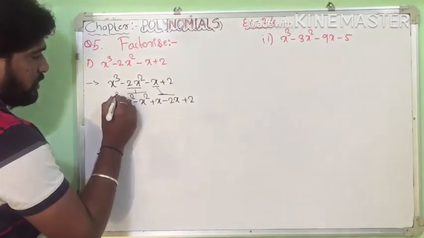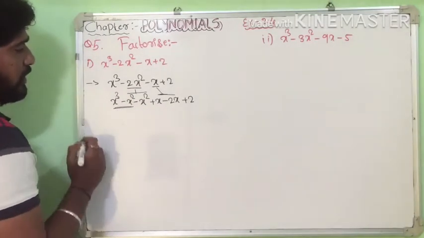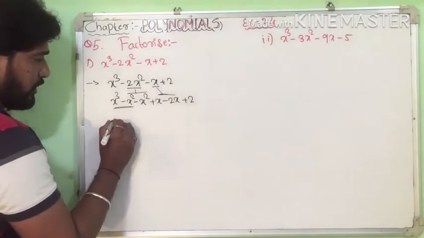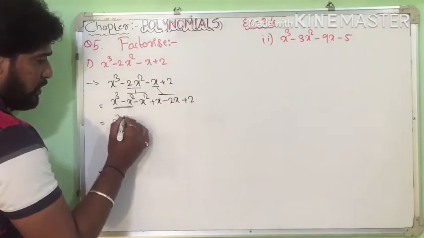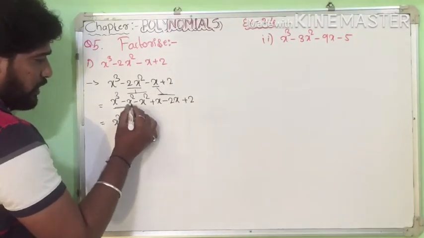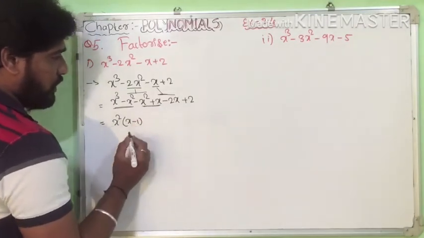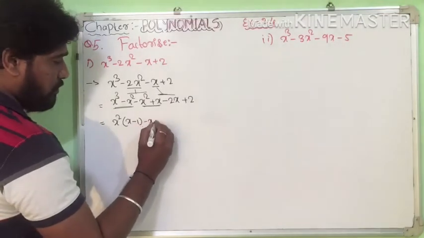So now here x cube. In these two I will take common x square. Both sides have x square. So I will take common here x square. So x square remaining x minus 1. X square comes outside, minus 1. So in these two terms I will take common x. So minus x I will take common, minus x.